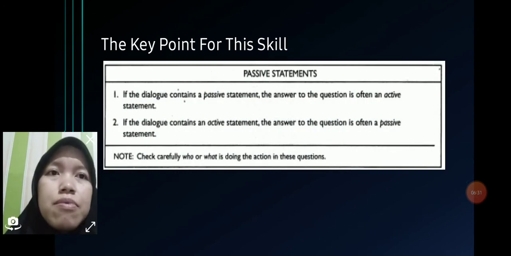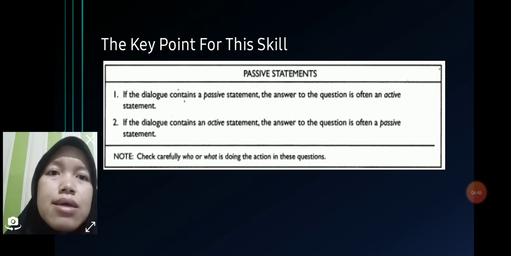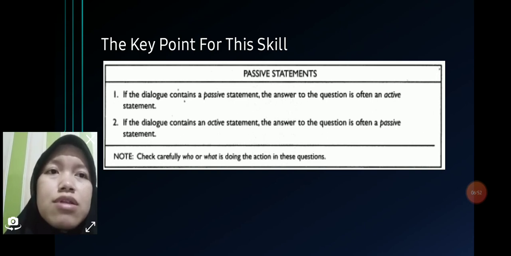Here is the key point for this skill. If you get questions about a passive statement, this is my strategy for how to handle listening for who and what with a passive statement.